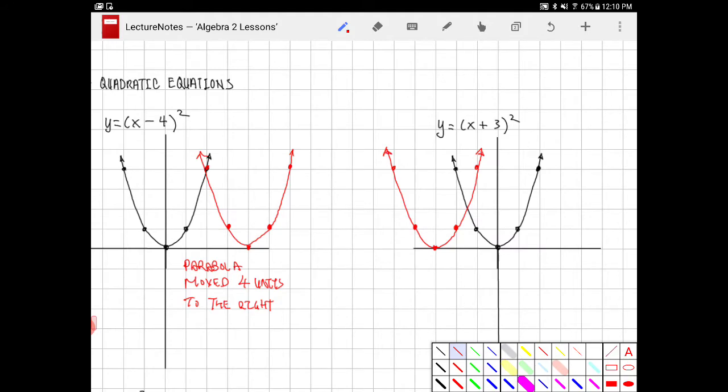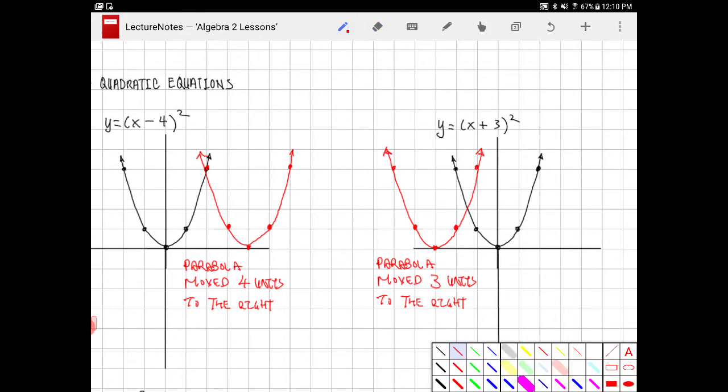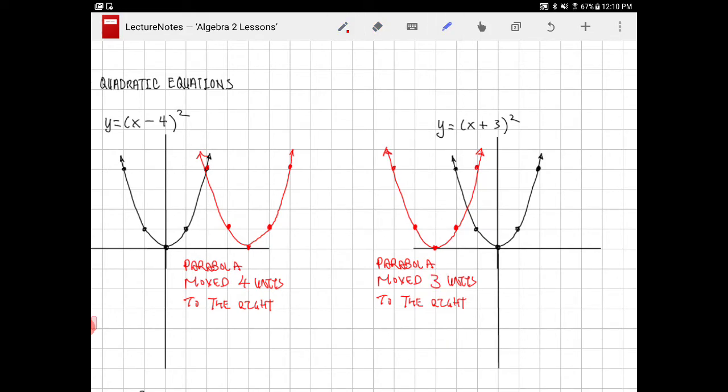So the parabola moves not 4 units, but 3 units to the left.